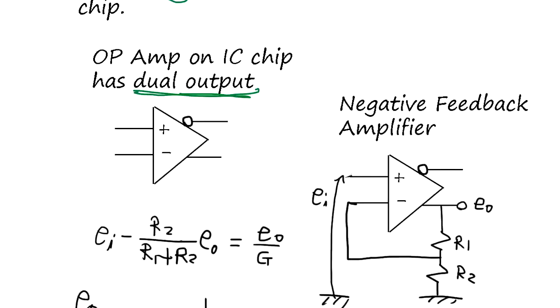If you look at the op-amp IC chip, usually plus, minus and single output, and you can feed back to the negative or positive. You can do all kind of things, but on chip, the op-amp always has a dual output. Okay.